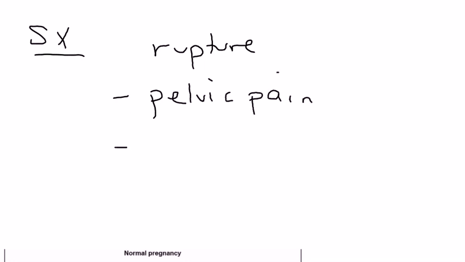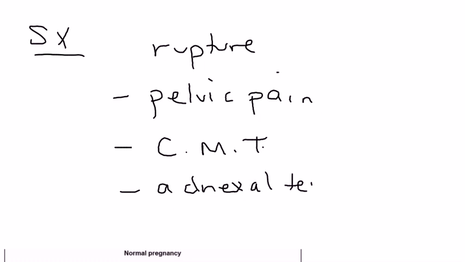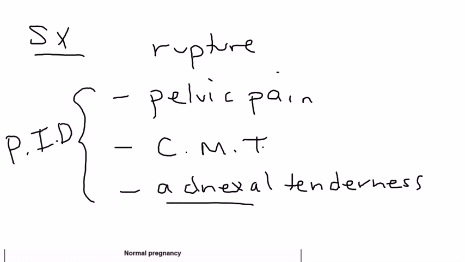They can include cervical motion tenderness, CMT, adnexal tenderness. Cervical motion tenderness is when the cervix is moved with the finger on a physical exam, there's tenderness, and adnexal tenderness just means tenderness in the adnexa area of the pelvis. These symptoms are the symptoms of pelvic inflammatory disease.